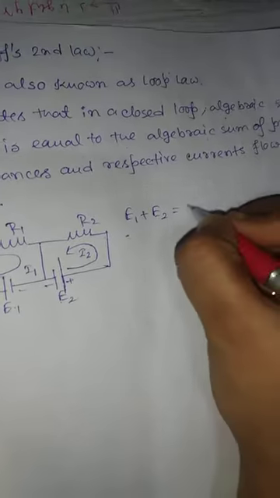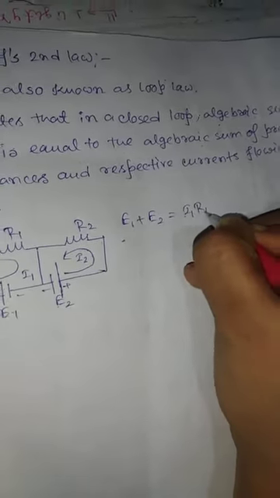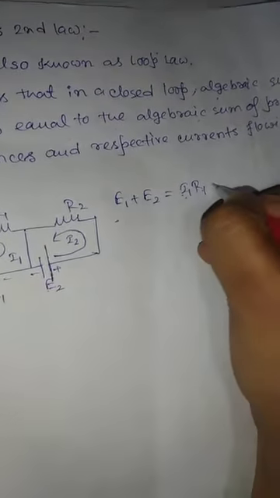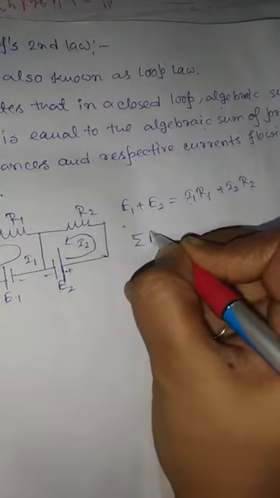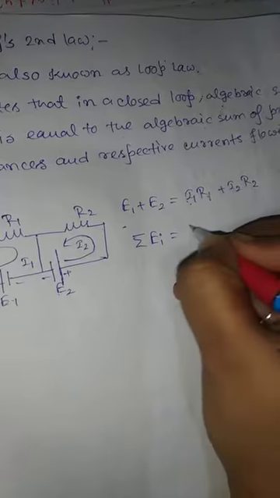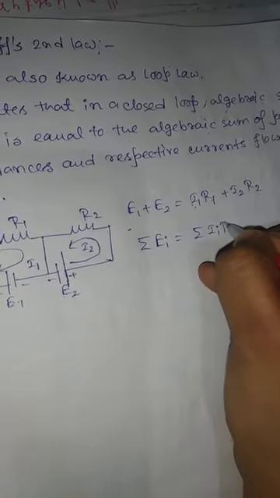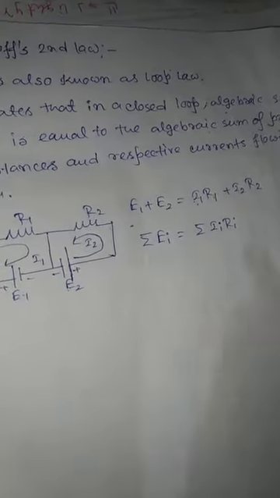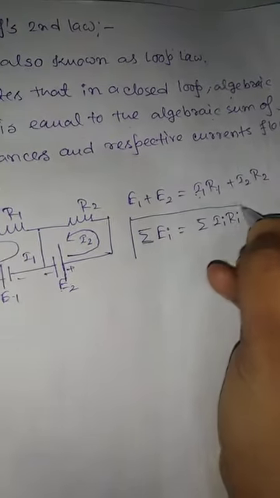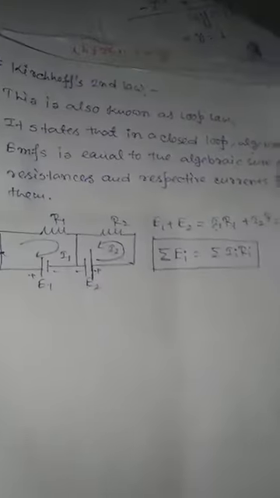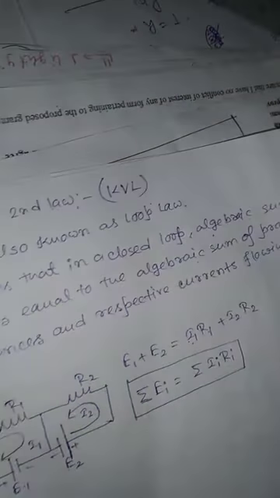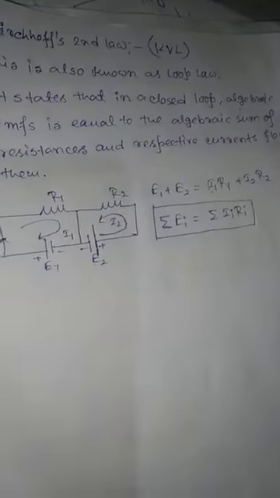So that is E1 plus E2 equals I1 R1, product of resistance and current, plus I2 R2. In general format, it equals summation of Ii Ri. So this is the general format of Kirchhoff's second law, also known as KVL, Kirchhoff's voltage law. Okay. Clear?